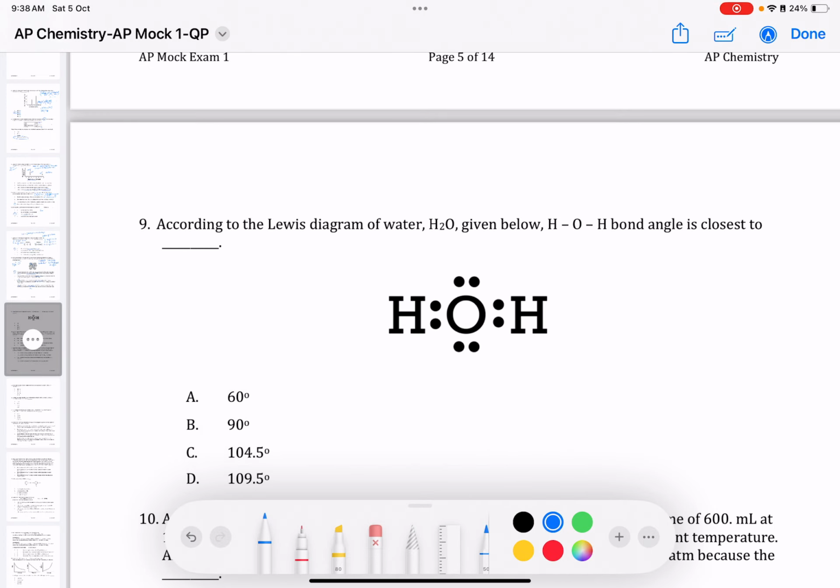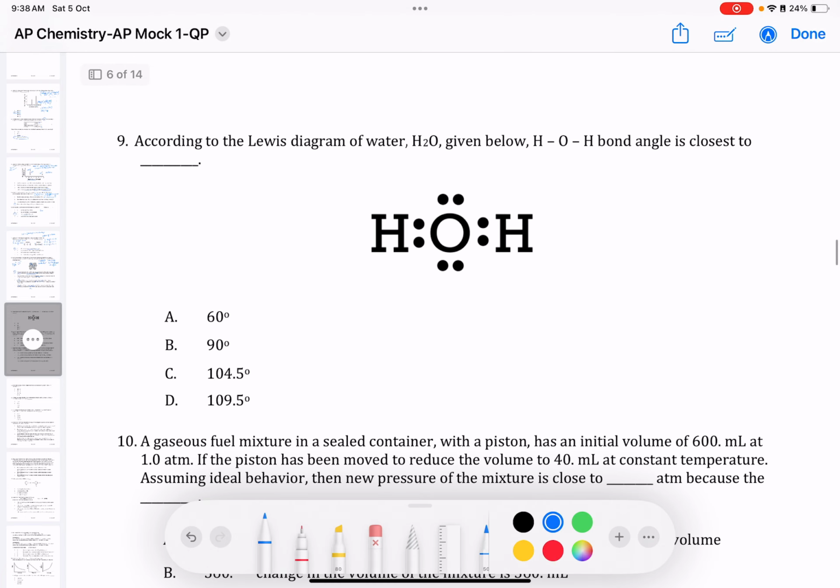Sorry. We continue. According to the Lewis diagram of water given, HOH, the bond angle is closest to what? Now, this one has a tetrahedral electron geometry and specifically a bent shape, with O having two lone pairs and two bonding domains.